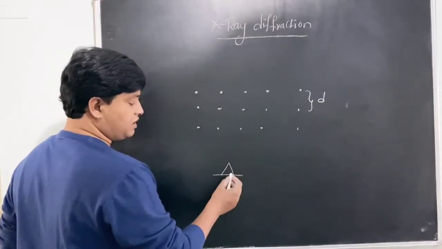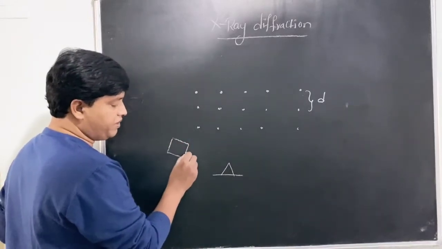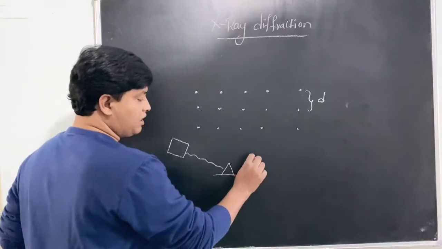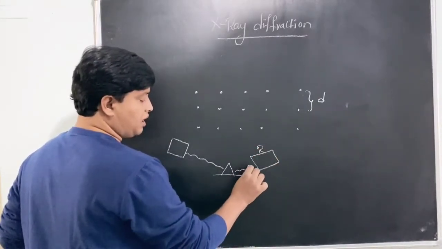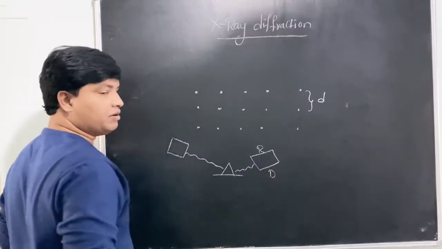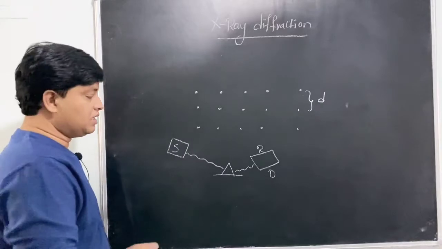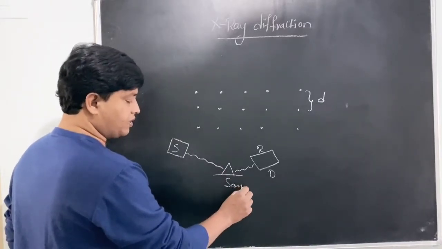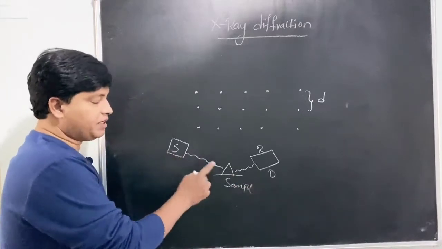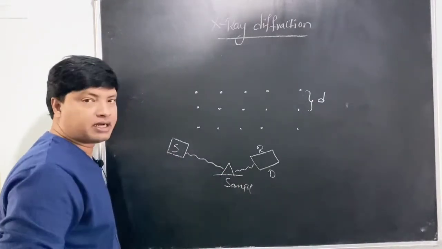If we take this as a sample, there will be a source of X-rays, and there will be a receiver, or you can say detector. The source will emit the X-rays on the sample, and the diffracted rays will be collected by the detector.